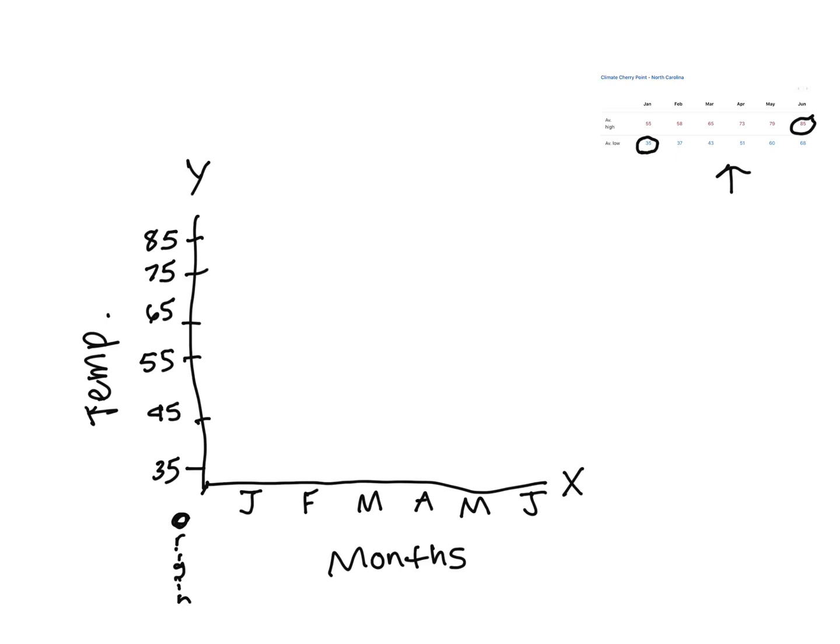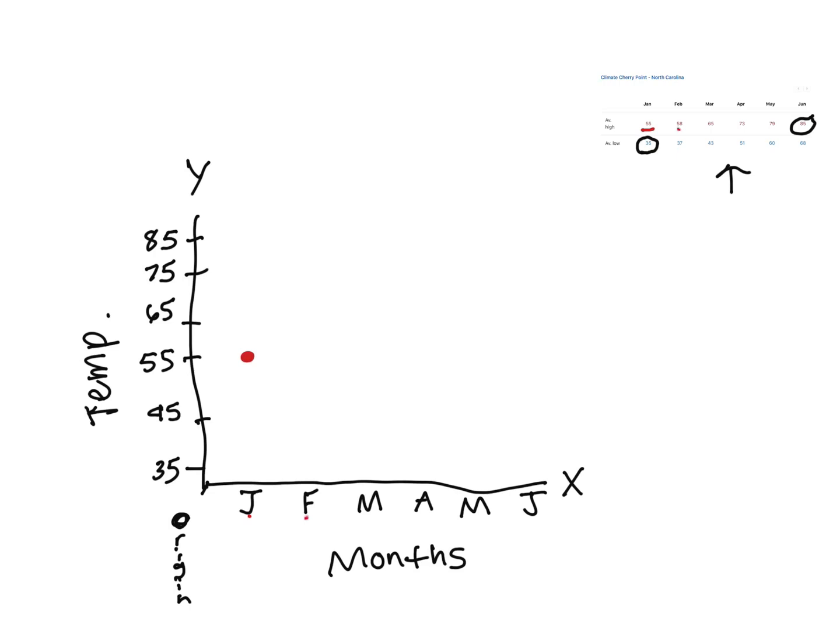So I'm going to record my high temperatures first. So starting with January, my average high temperature was 55 degrees. So down here on my x-axis, I'm finding the J for January, and then I'm going to go up my y-axis until I get to 55, and I'm going to make a point right there just so I can keep track of it. And my next month was February with 58, so I'm going across my x-axis to the F for February and then up my y-axis to 58.